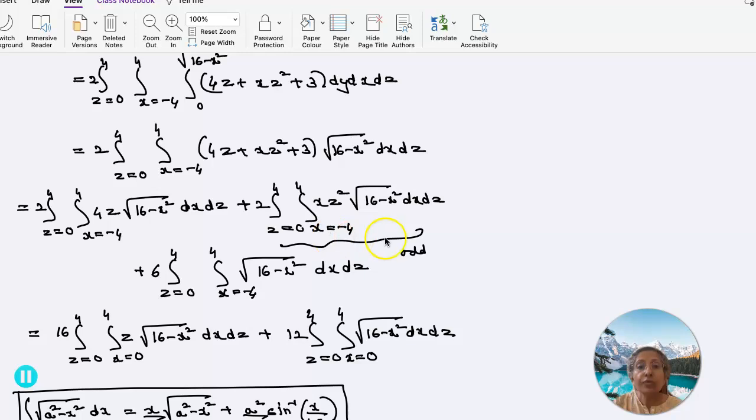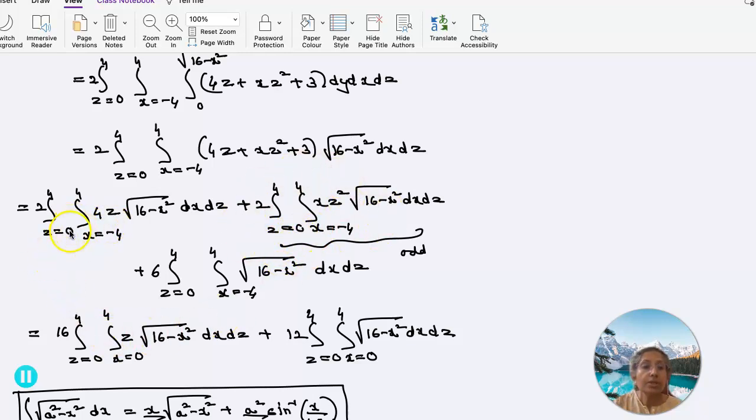Now the term in x is an odd function of x, so this becomes 0. You have the rule that the integral from minus a to a of f(x) dx is 0 if f is odd, and equal to twice the integral from 0 to a of f if f is even.